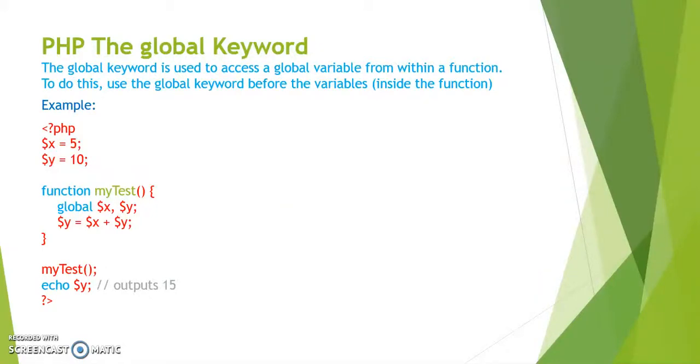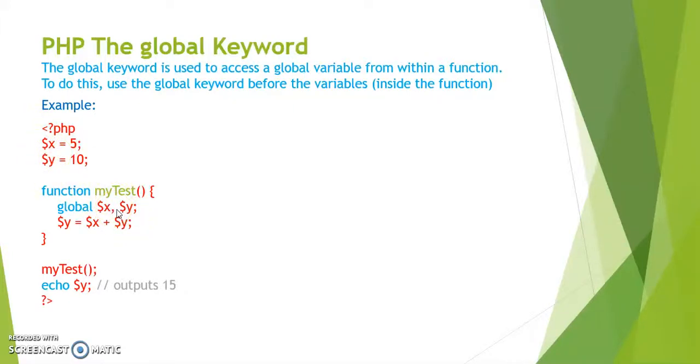The global keyword, which I already displayed somewhere before now, is used to access a global variable from within a function. To do this, use the global keyword before the variable inside the function. Like these two here, we define the variable x and assign 5 to it, and also the variable y equal to 10. Now, inside the function, we use the global keyword to call these two variables.